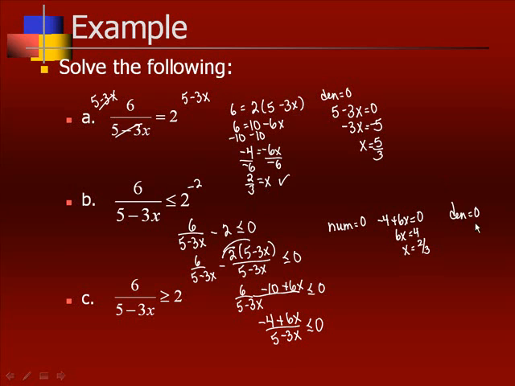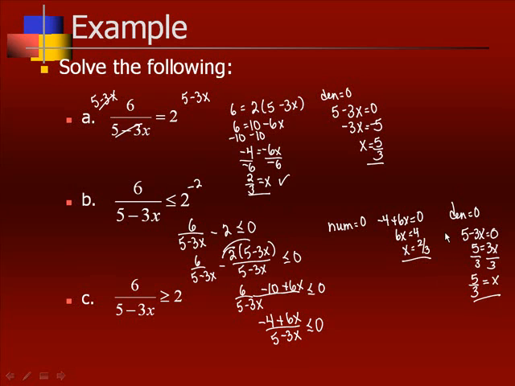The denominator equals 0 would be 5 minus 3x equals 0, or 5 equals 3x. Divide by 3, and x is 5/3. Now, do these numbers look familiar? 2/3 and 5/3, and we came about them two separate ways.